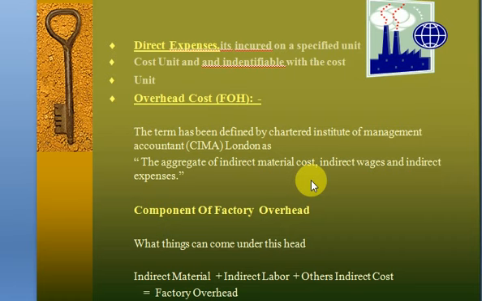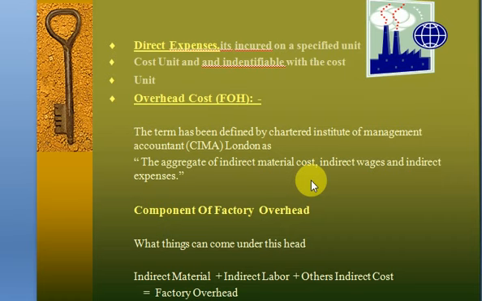Similarly, the commissions to the salesmen and the salaries of the salesmen are examples of the indirect labor overhead cost of the selling and distribution. Similarly, rent, insurance, electricity, telephone bills. These are examples of the indirect expenses of the selling and distribution overhead.